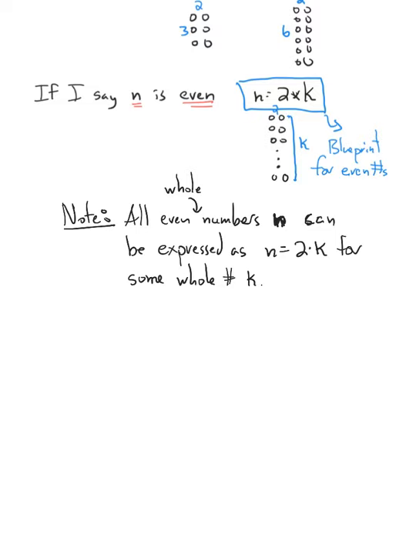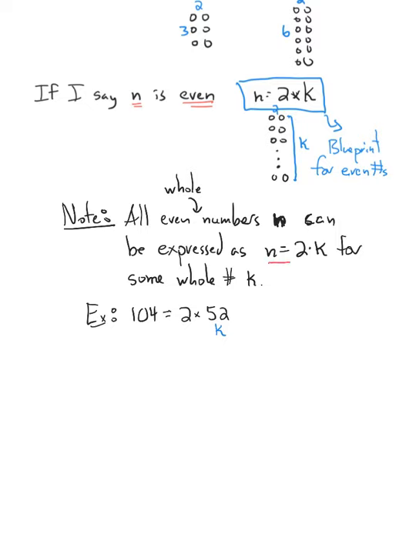Quick example, just to make sure we get this. 104. 104 I can express as 2 times some other number, and that number is 52. So in the case of 104, this some other number, this k, is 52.